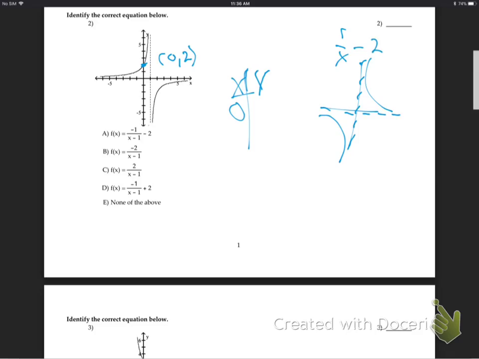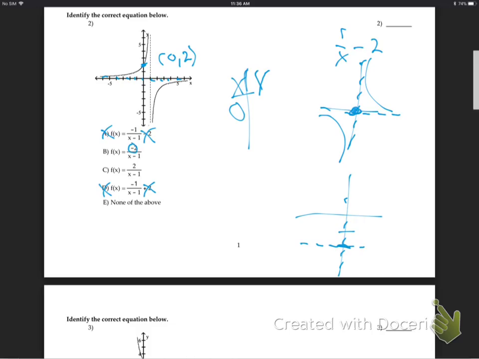So if you put a -2 out here, that would move the whole thing, the center crosshairs, down 2, 1, 2, right to here, wouldn't it? That's not right. His horizontal is still on the line. So it's not that -2, no. It's not this +2 either, no. It's either B or C or E, right? Everybody good with that? You can't have a -2 out there. So try B and C.